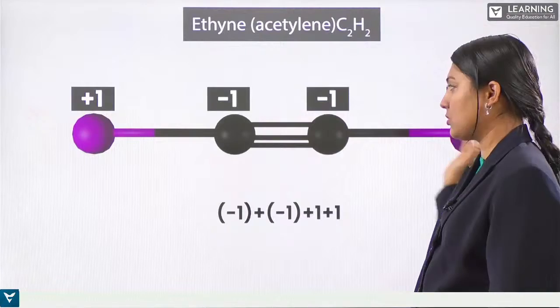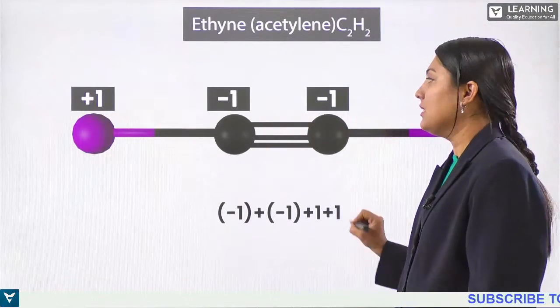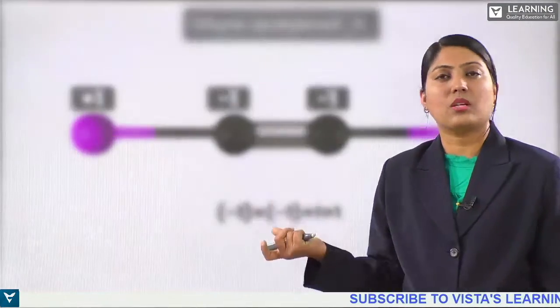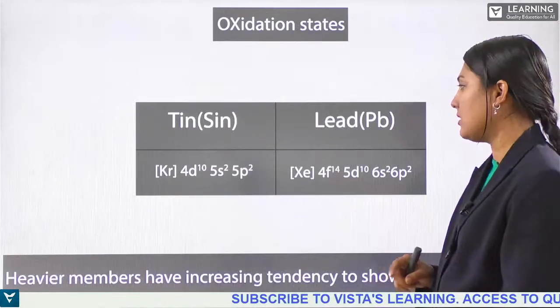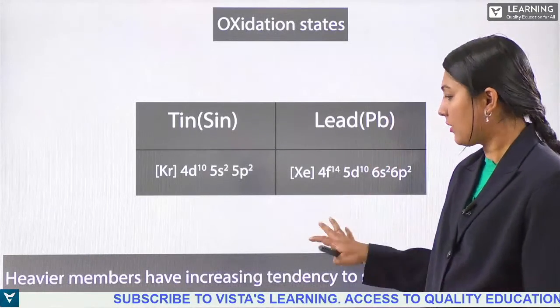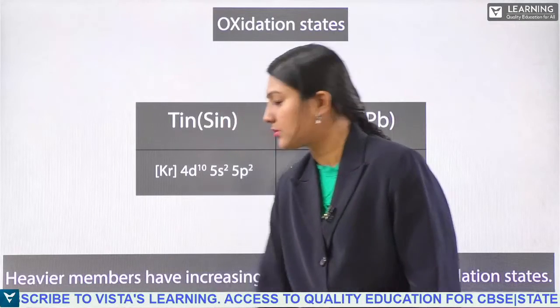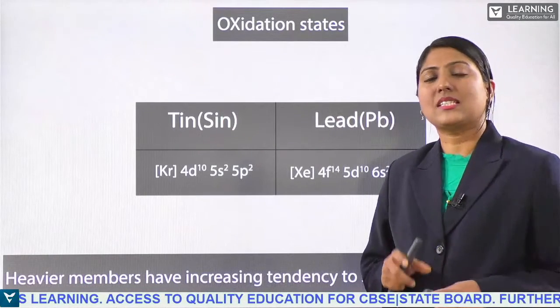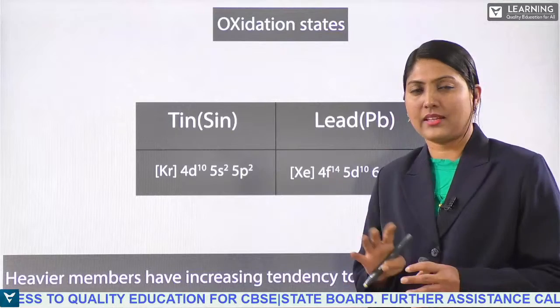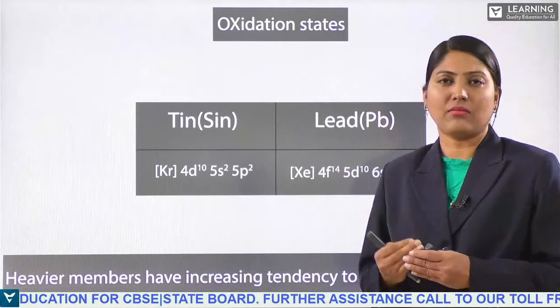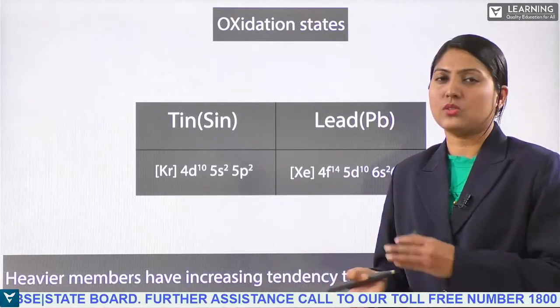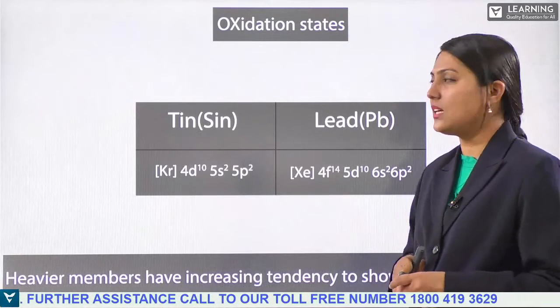Similarly, on the other side also, on addition, we get 0. Neutral molecules always have a charge of 0 because they are neutral. They don't have positive nor negative. If they have positive, they will be called cations, whereas if they are negative, they will be called anions.